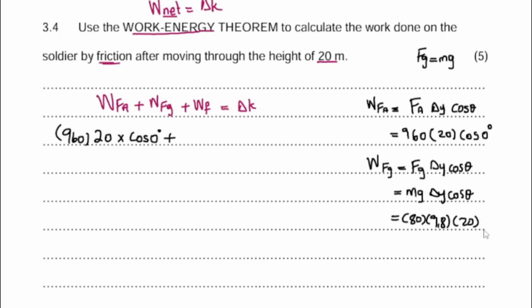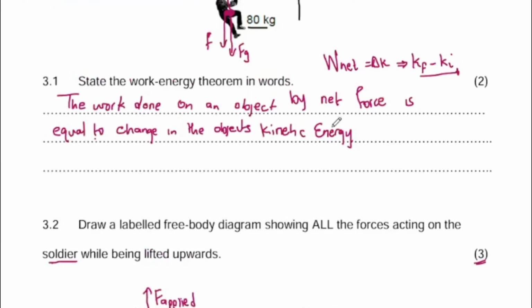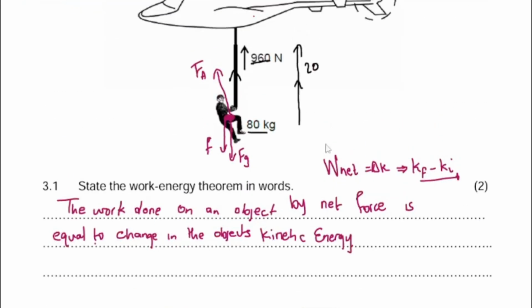What about the angle? Look at this. Fg is going down. So if Fg is going down and the displacement is going up, let me draw my Fg going down like that, and then we have the displacement. This is the direction of the displacement, this is delta y.